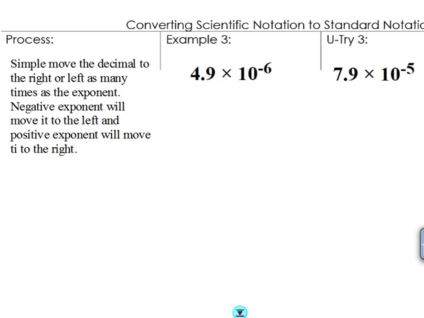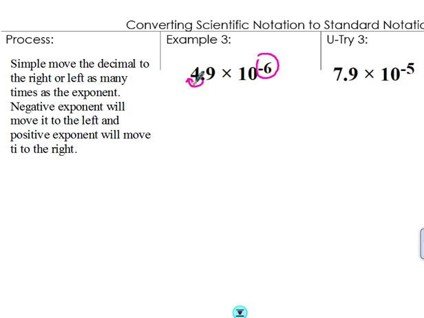Next, we are going to convert a scientific notation number back to standard form. And since we are trying to write the expression back into standard form, we are either going to end up with a big number or a small number. The exponent in here tells us that this was a small number because it's a negative exponent. So I know I need to move my decimal point towards the left to make this number smaller.